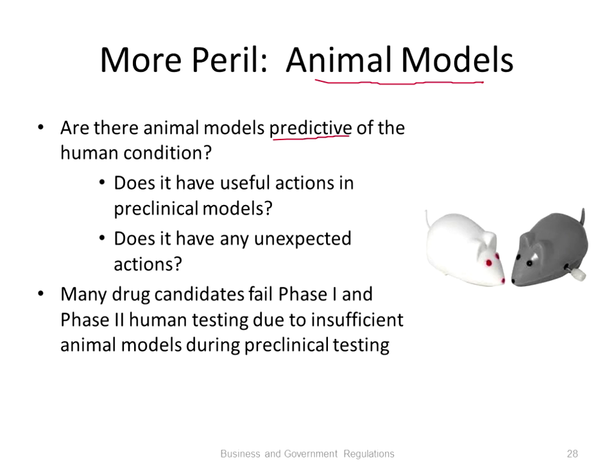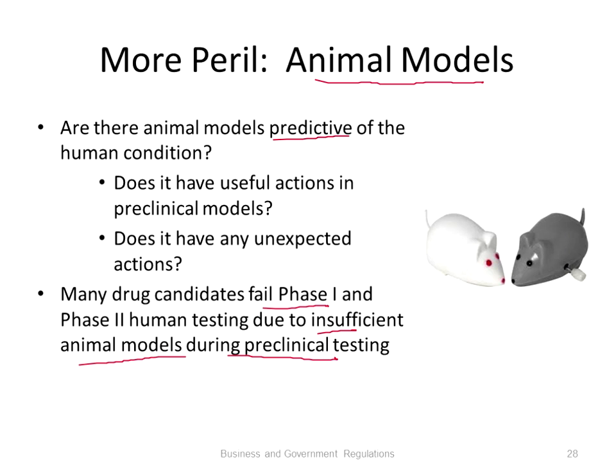So sometimes people use the wrong animal model, and many drug candidates fail because insufficient animal models are used in preclinical testing.